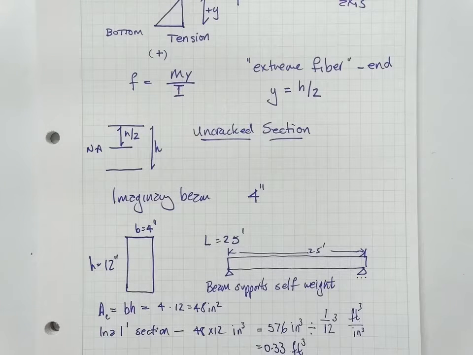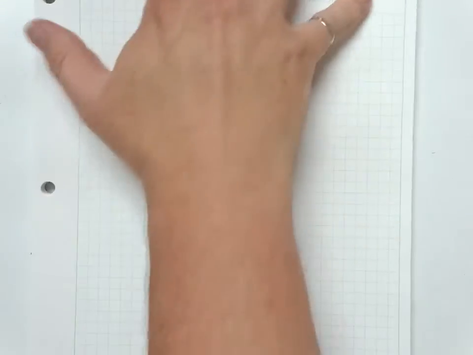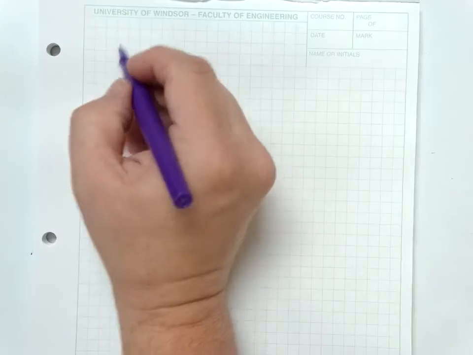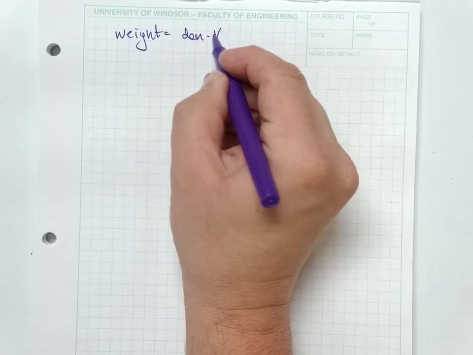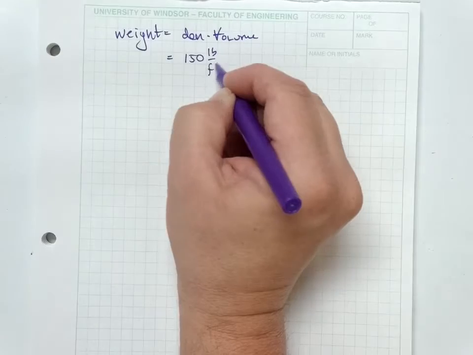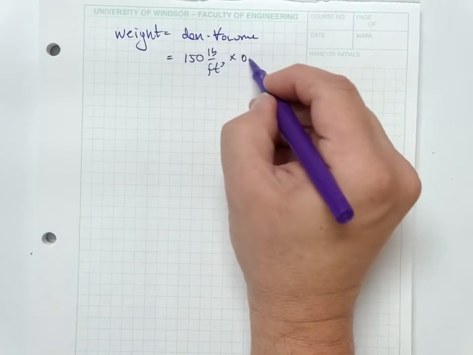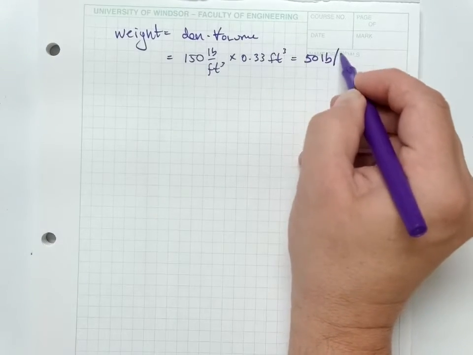Remember what our density of concrete is? How many pounds per cubic foot? 150. So the weight is equal to density times the volume, which is equal to 150 pounds per cubic foot, multiplied by 0.33 cubic feet, gives me a load of 50 pounds per linear foot, right?